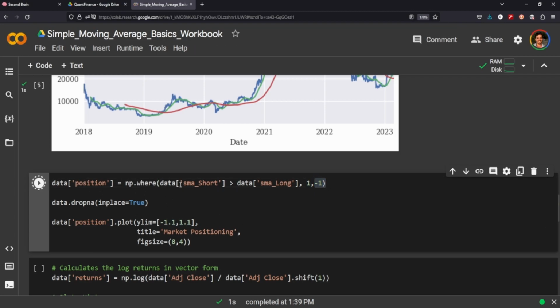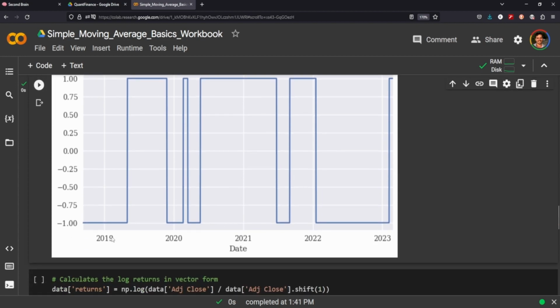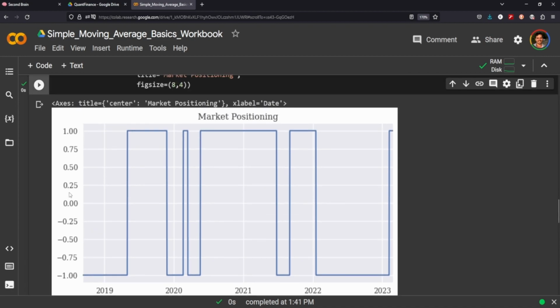We can plot that. The x-axis here is our dates, and you can see it goes between 1 and -1. At the start of our graph, we're in a short position, and then we place a long position somewhere a little bit after 2019.